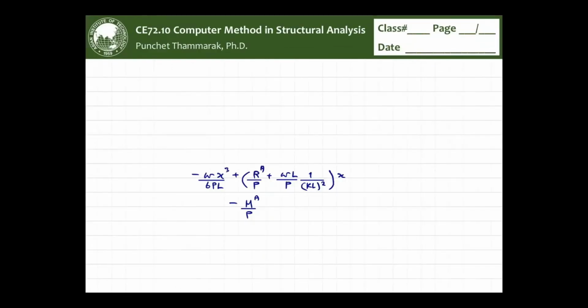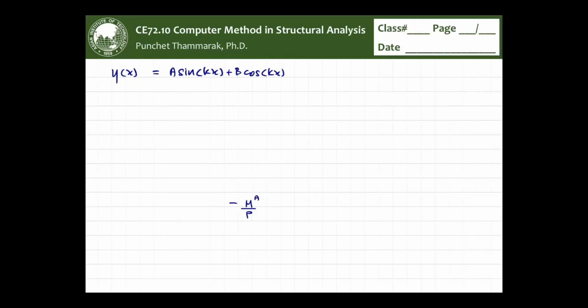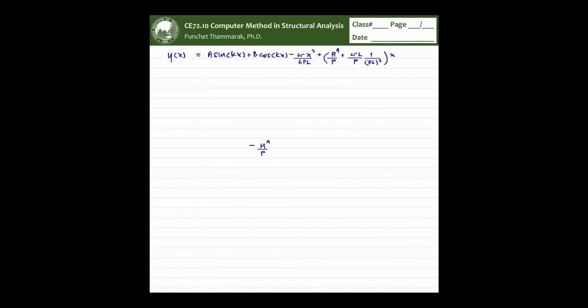So y of x is equal to A sine kx plus B cosine kx plus this term and this one. Done.